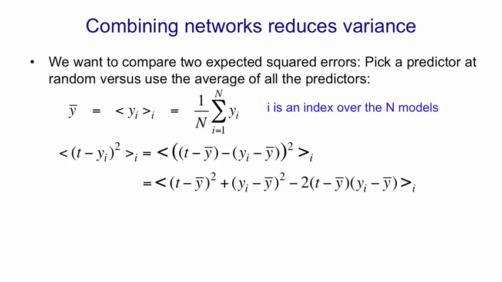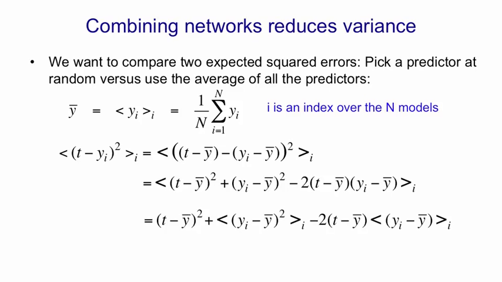I can now multiply out that square, and inside these expectation brackets I have (t minus y bar) squared, (yi minus y bar) squared, and (t minus y bar) times (yi minus y bar), which as we'll see will disappear. So the first term, (t minus y bar) squared, doesn't have an i in it anymore, and so we can forget about the expectation brackets for that.